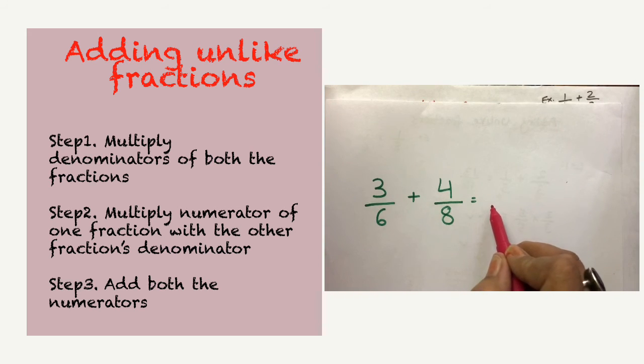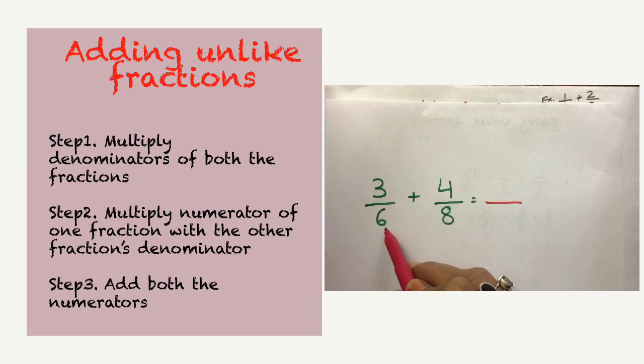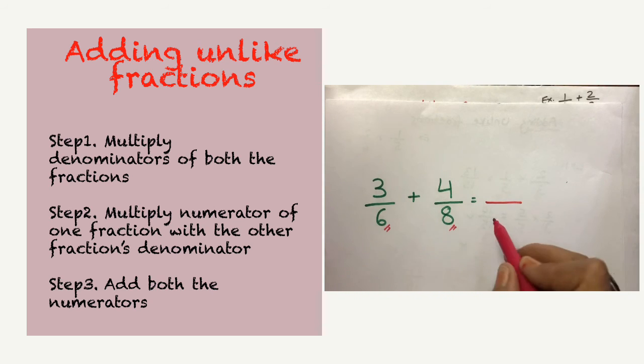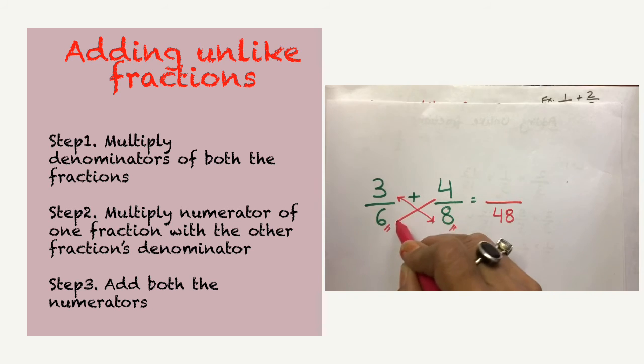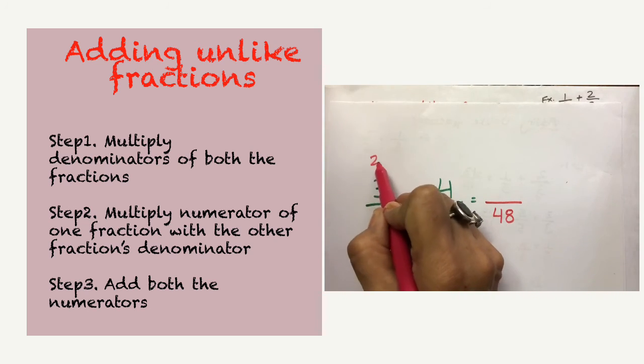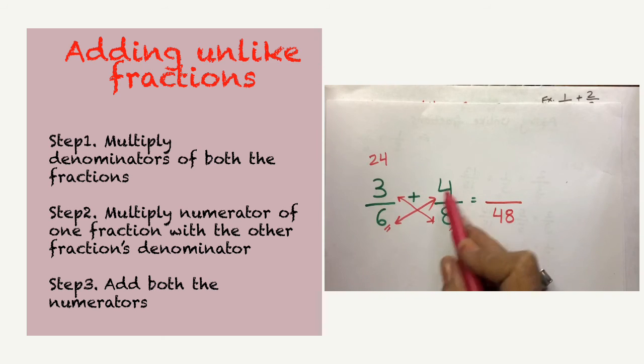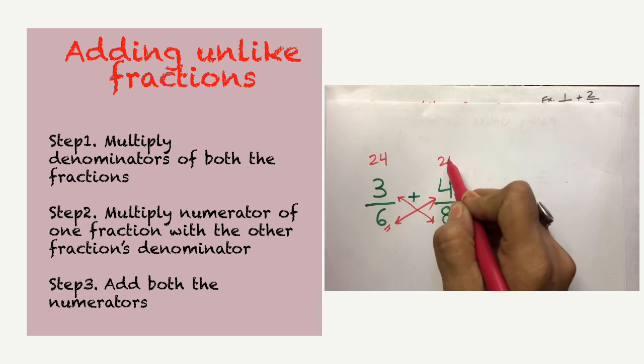So again I'll use the simple method: they are different, and I'll multiply. 6 8s are 48, and I'll multiply these numbers now. So 3 8s is 24, 4 6s is 24.